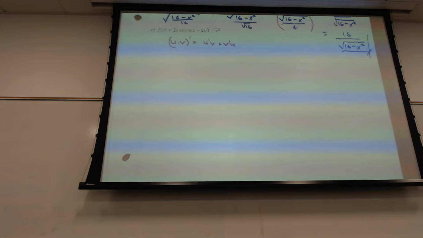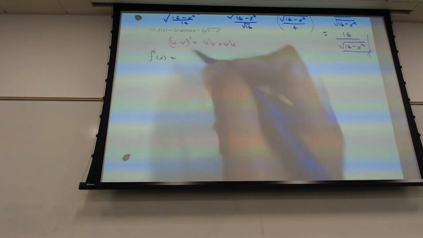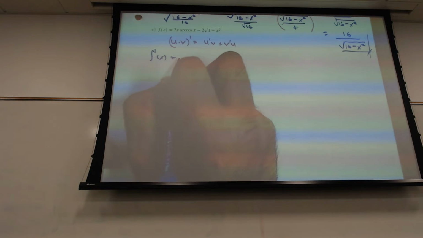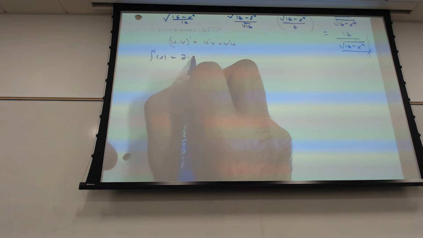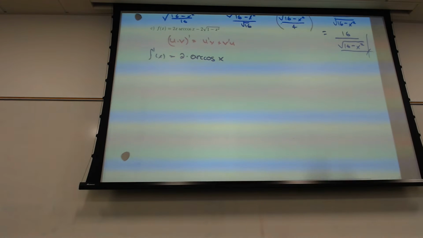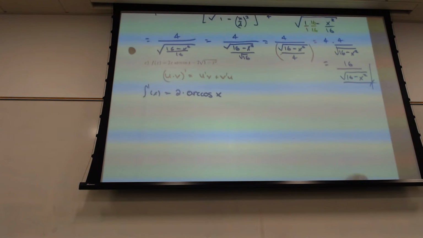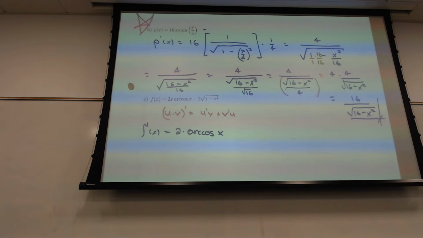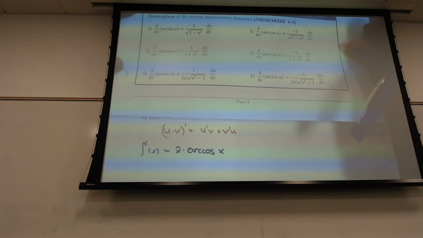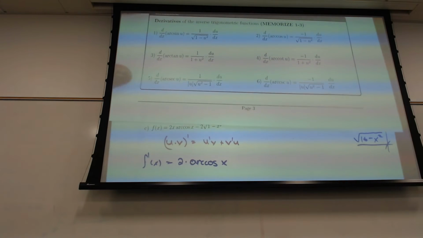So f prime of x equals, okay, what's the derivative of the first factor? That is the derivative of x, so 2 times arc cosine, plus the derivative of arc cosine, which, going back to the table from before, let me scroll this down a little bit, that's going to be formula number 2, which is essentially formula number 1 with the opposite sign.